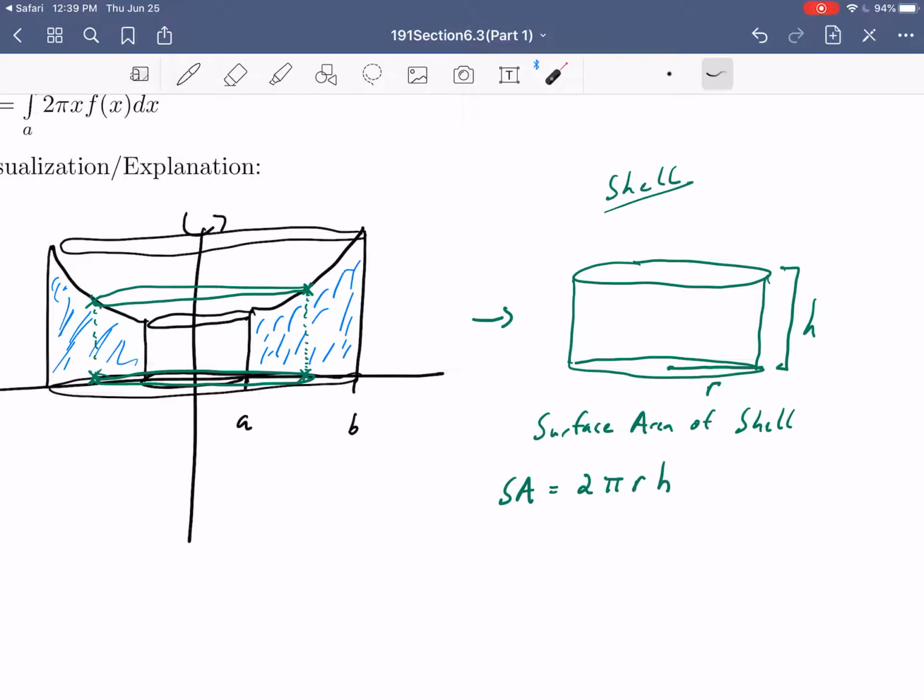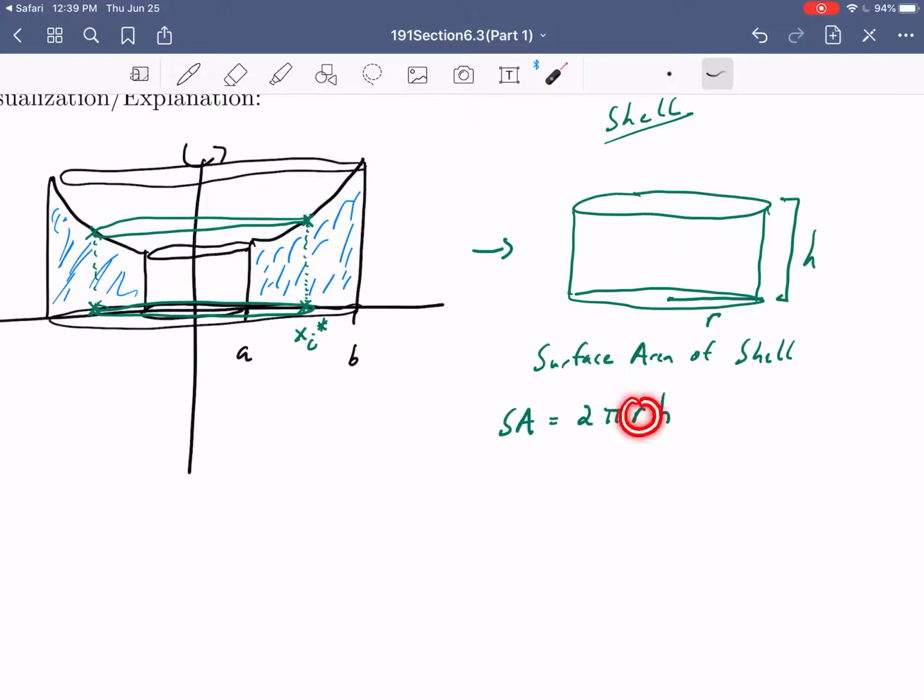So in terms of our selection, can we talk about this radius and this height in terms of our information here? Well, if we imagine that this is an arbitrary x sub i star, just some random choice of x, we can phrase both the radius and height in terms of our function and this x_i. Let's think about this radius.